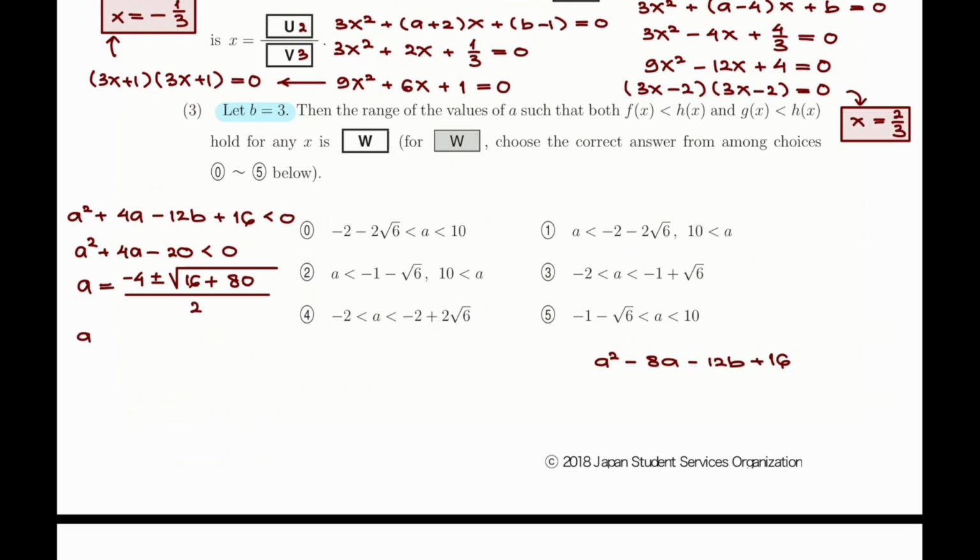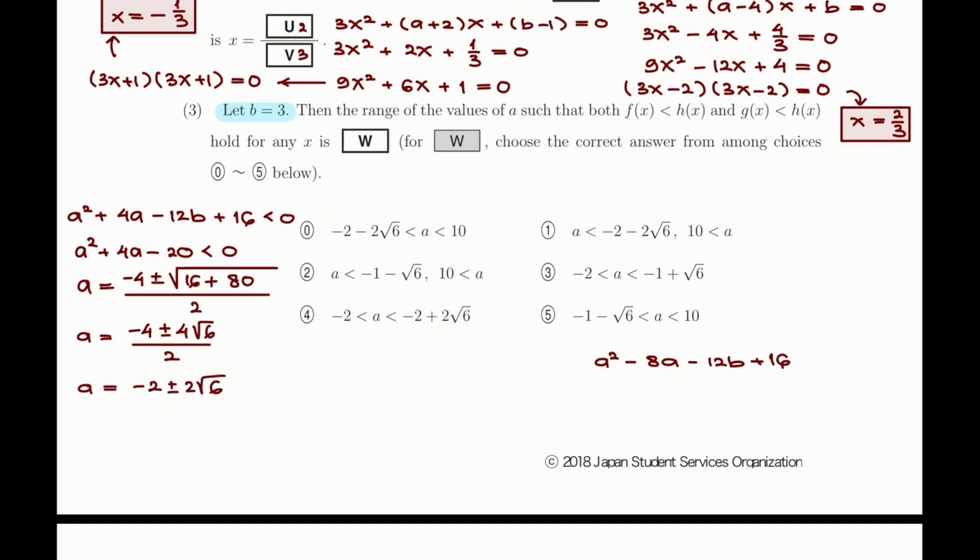And then if you simplify it, you will get negative 4 plus minus root 96. Root 96 is equal to 4 square root of 6, over 2. If you divide all the terms by 2, you will obtain negative 2 plus minus 2 square root of 6.